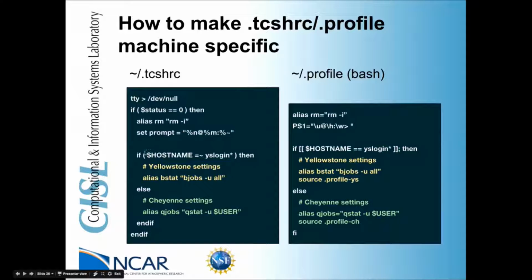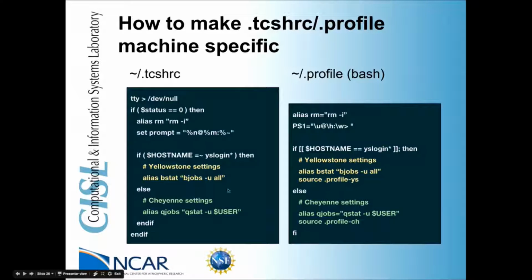But here I have a little conditional statement which says if the host is a Yellowstone login node, I'm creating an alias for LSF where I'm emulating the qstat behavior in PBS. And then in Cheyenne, I'm doing the opposite, where I'm emulating the bjobs behavior in PBS. So it's just whether I see everybody's jobs or whether I just see my jobs. This is a pretty trivial example, but you can get more complicated in terms of specific settings for each machine.